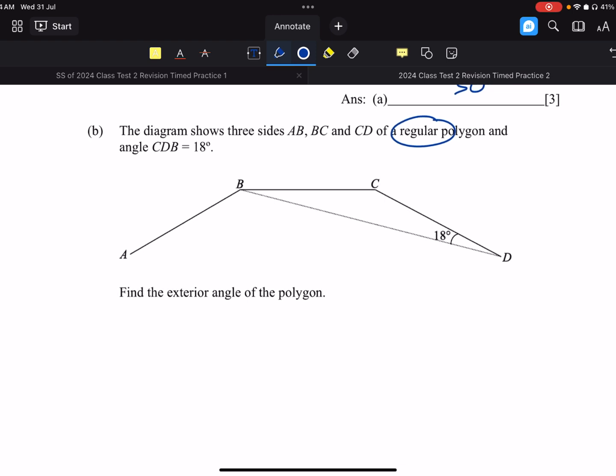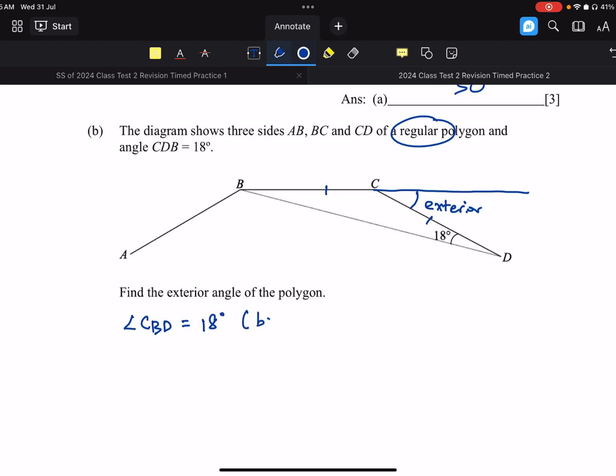Very simple. What happened is, this is the exterior angle, right? And we know that because it's regular, this length is equal to this length, okay, right? So it means that angle CBD is actually equal to 18 degrees.